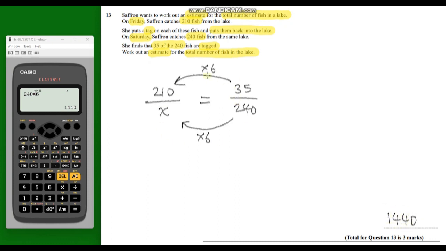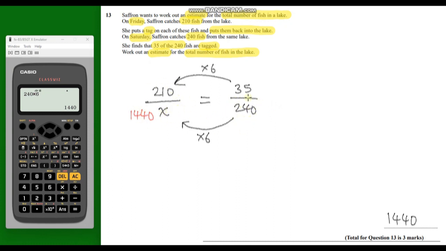Now, if you didn't quite understand my workings out here, let me pop this number that I got back into my original equation, and hopefully that will make sense. So we've got 1,440 fish in the lake, and 210 of them are tagged. Now, if you were to take another sample of fish from the lake, the proportion that are tagged should be exactly the same as this proportion here.